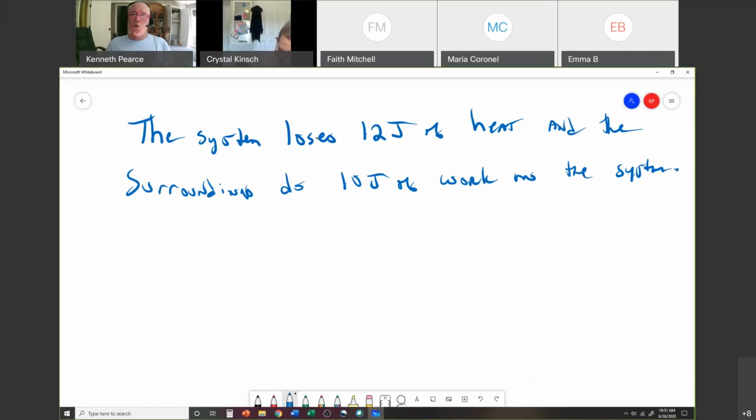The system loses 12 joules and the surroundings do 10 joules of work on the system.